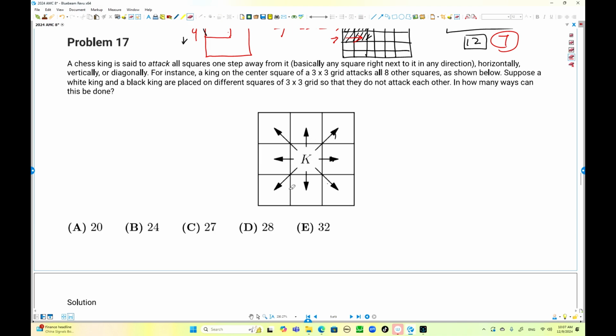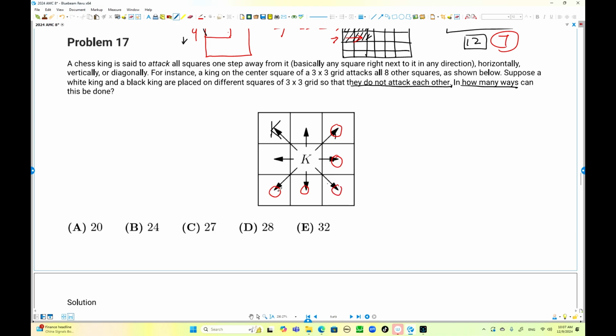But over here, we're going to find they do not attack each other. How many ways? So K cannot be in the middle, right? If a K is over here, where is the other? The other must be here, or here, or here, or here, here, right?